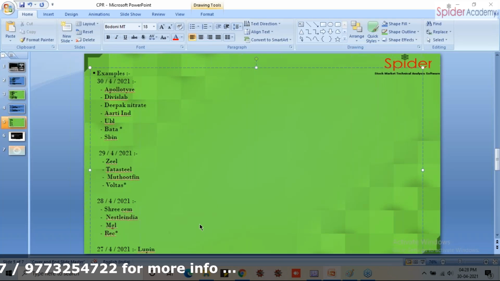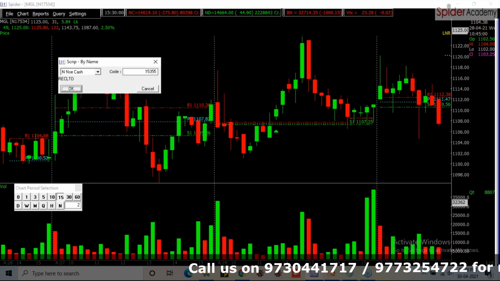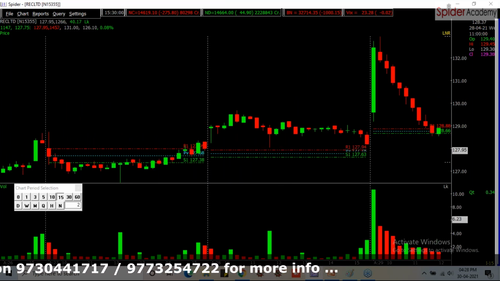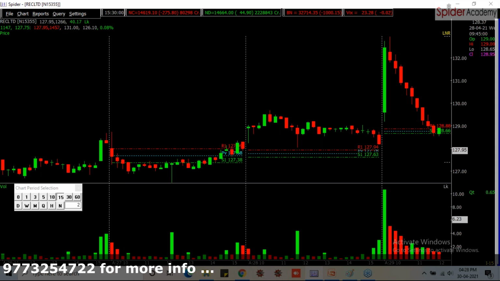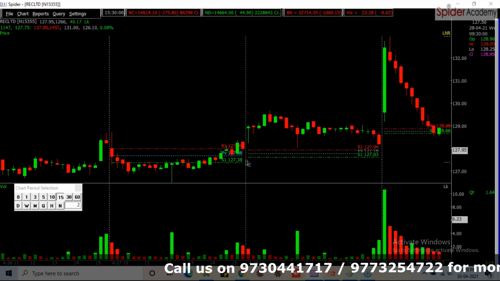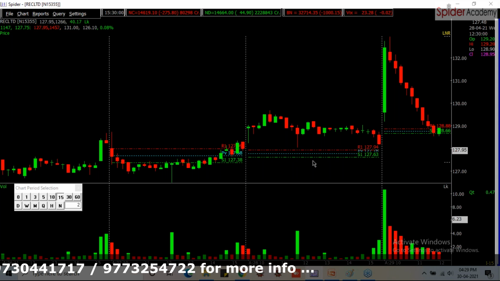Now, the second last example which we are having is for the RSI. In RSI, as you can see, I have purposely taken this particular example. The reason is that here we can see we got a narrow range, but this particular stock has never come to these particular zones.